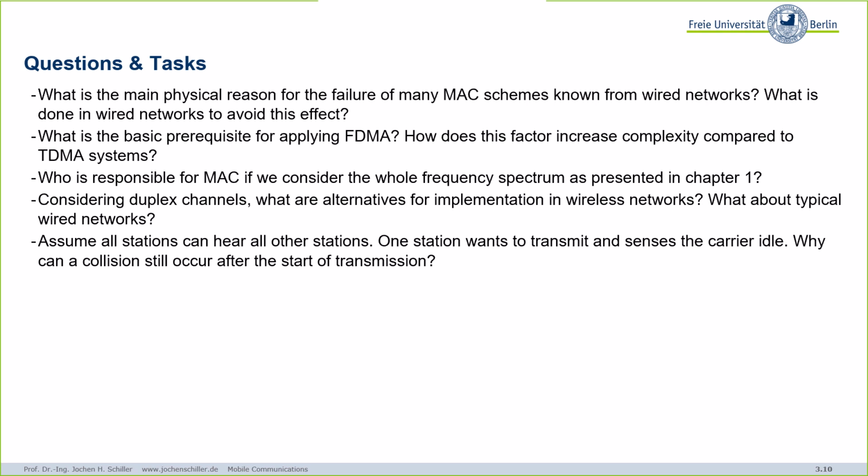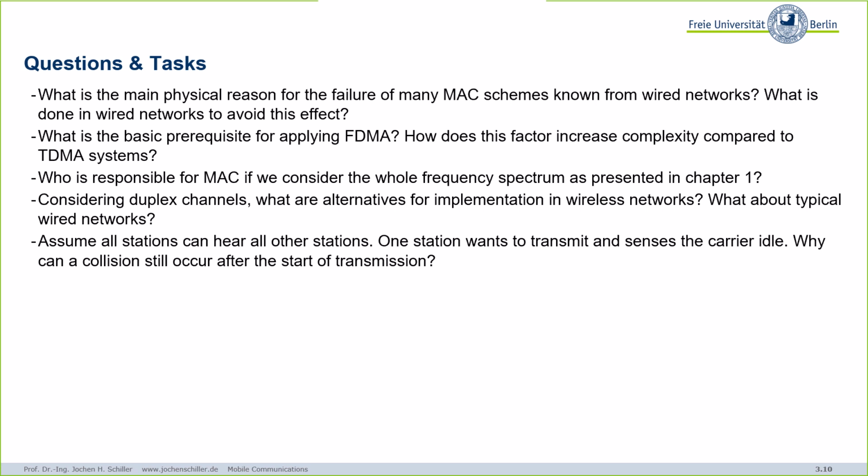So we avoid sending and receiving at the same time, because the sending signal is that extremely strong, and we use the same antenna for sending and receiving, and we electronically switch between the sender and the receiver in our device.